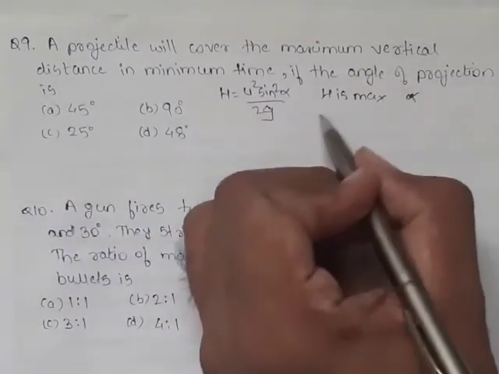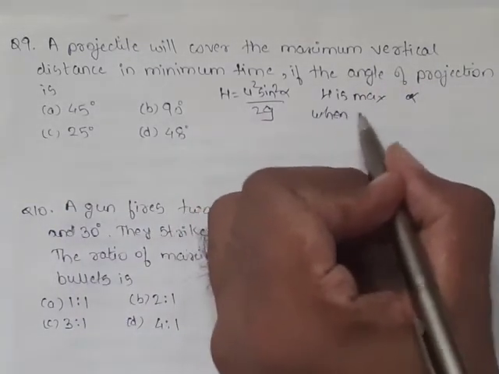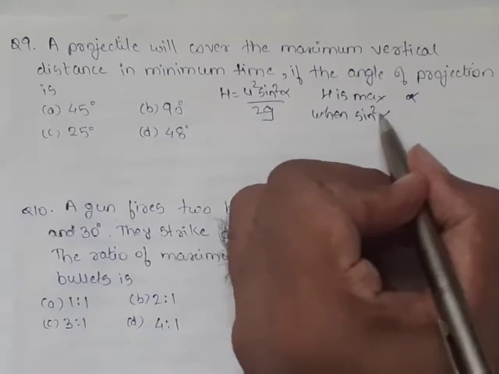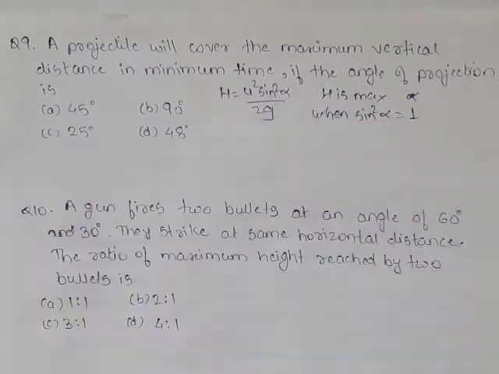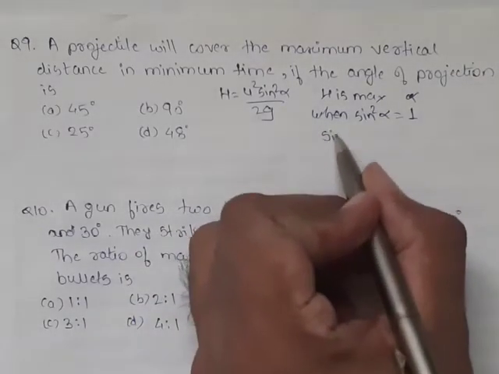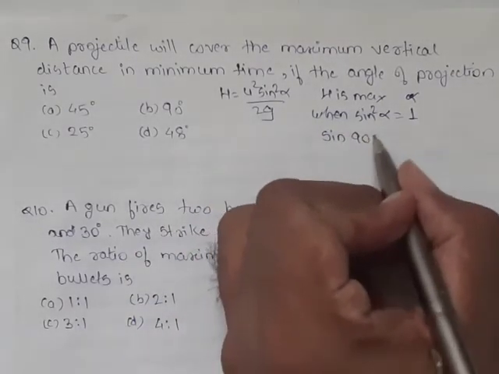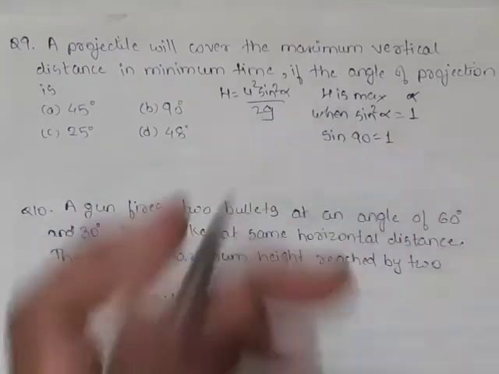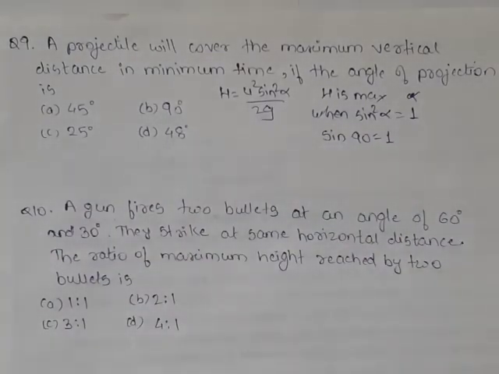So for which angle alpha is the sine value 1? We know that sine 90 is equal to 1, so sine square 90 is equal to 1.